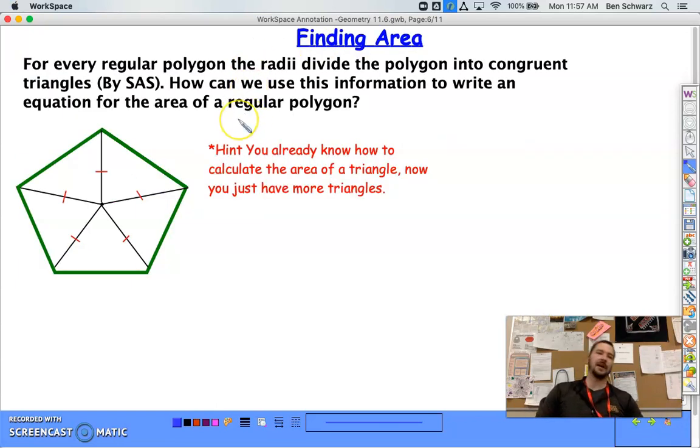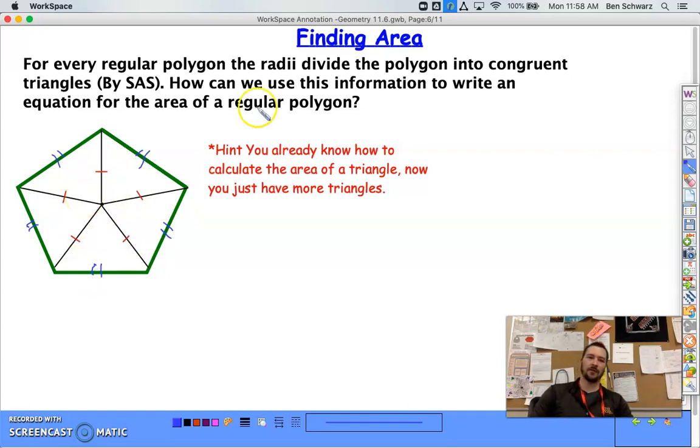All right, so to find the area, okay, we do have, excuse me, I can't talk today. So in a regular polygon, you have all these radii, and you have congruent triangles. Okay, so all 5 of these would be congruent because the radii are all the same, and all these sides out here are the same as well. So side, side, side, or side angle, side, either way you look at it, these triangles are congruent.